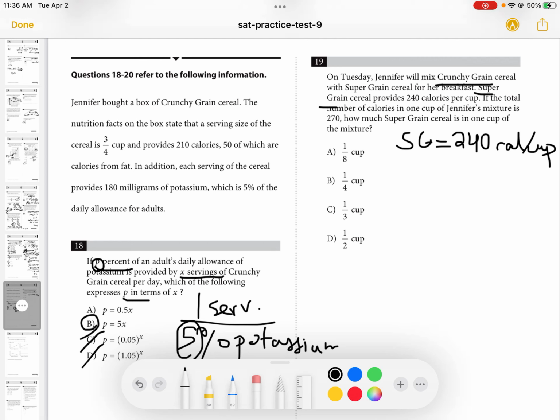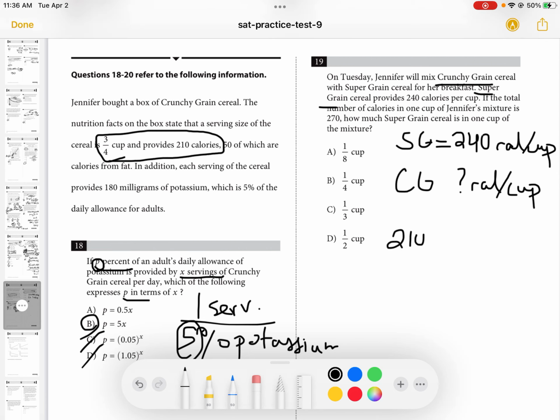We need to find out how many calories per cup crunchy grain cereal gives us. But we know here that crunchy grain cereal gives you 210 calories for every 3/4 of a cup. And we want to know how many calories that is for 1 cup.